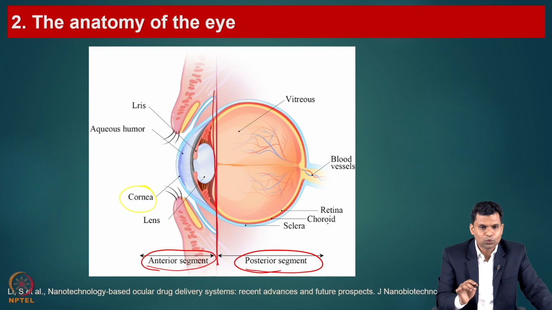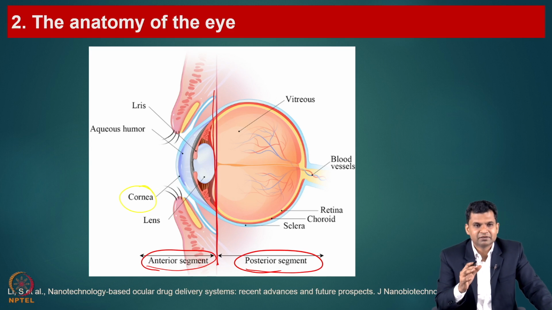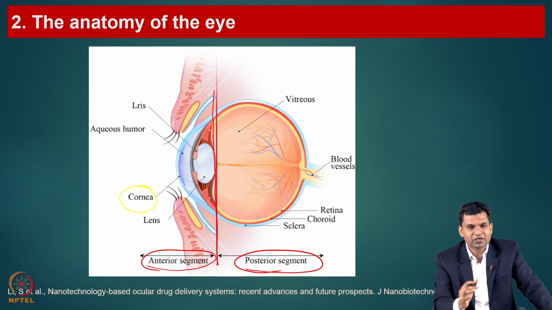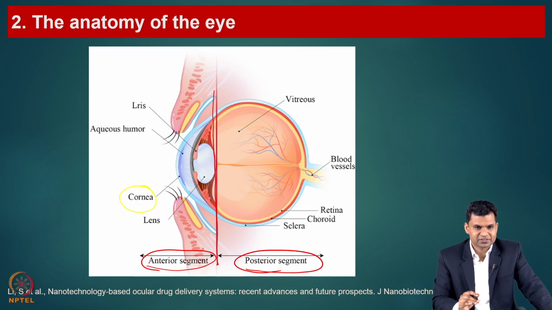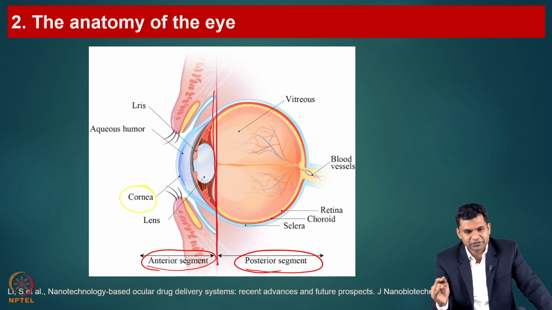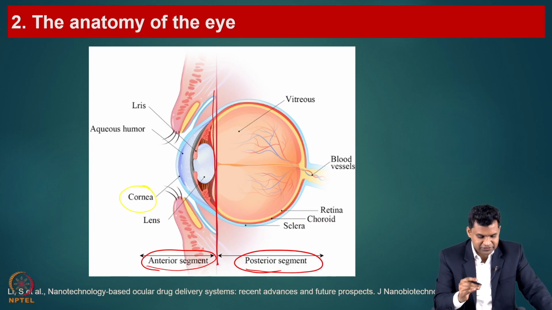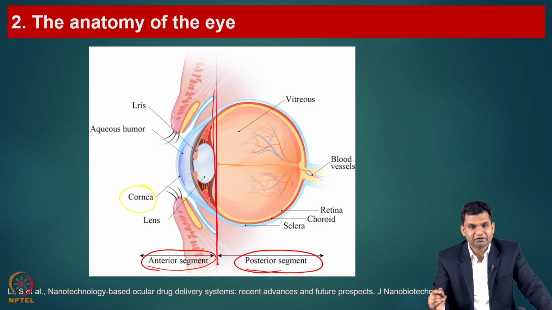Based on the physiology, we deliver the formulation to different locations, on the cornea, and we also place the formulation on the conjunctiva. So, various types of formulation can be delivered to various locations.